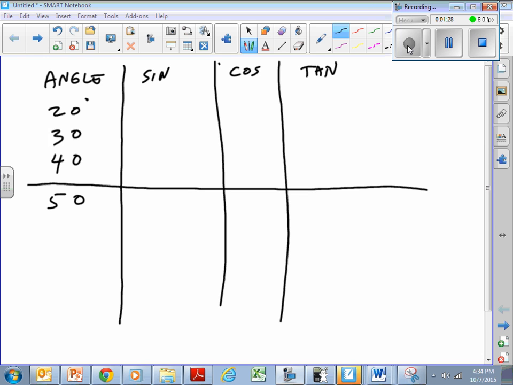Why not put in a different color? You have to go with black. I'll erase. Put the degrees. Let's put the degree signs on.